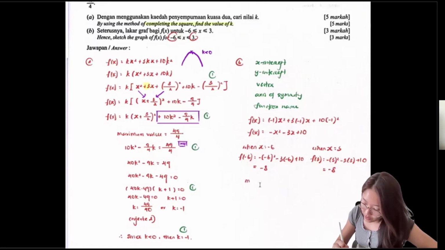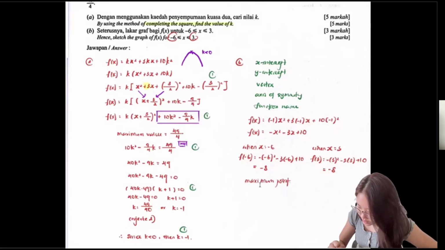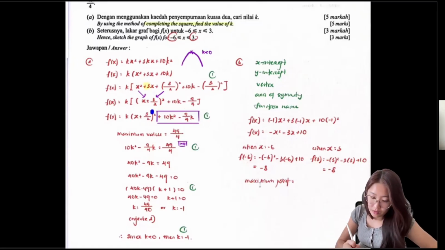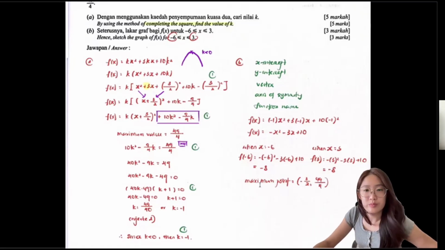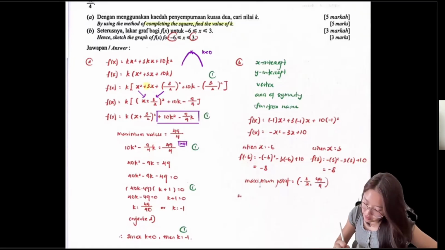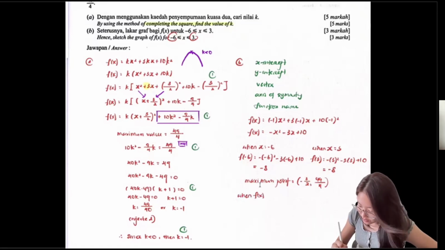Okay, then because we already know that this one is having a maximum point, right? They told us already. So from your vertex form here, when you take out 3/2, you must switch the sign. So -3/2, and the maximum value, 49/4, is actually your y coordinate. Okay, then your x-intercept and y-intercept. X-intercept, you substitute f(x) equal to 0.